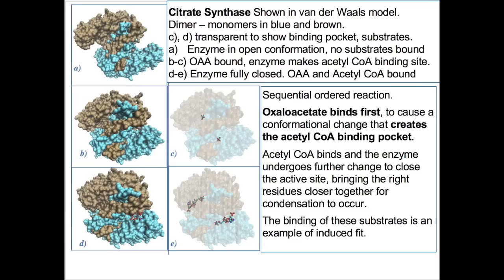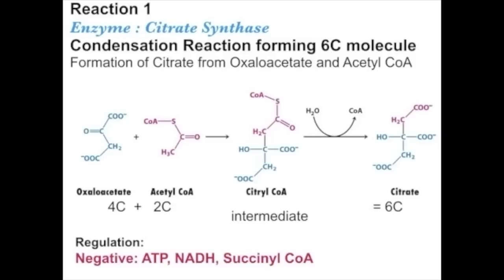And so in this way, the enzyme is only active when both substrates are available. This is a prime example of an enzyme that works by induced fit. The regulation of this enzyme occurs through inhibition via ATP, NADH, and succinyl-CoA, and these are all an example of negative feedback regulation.